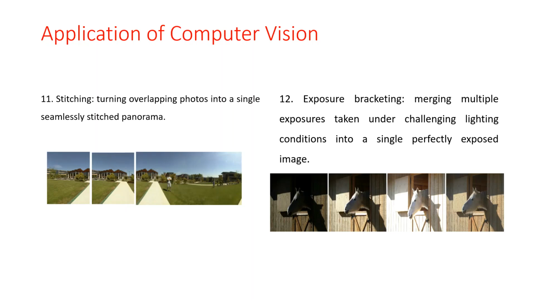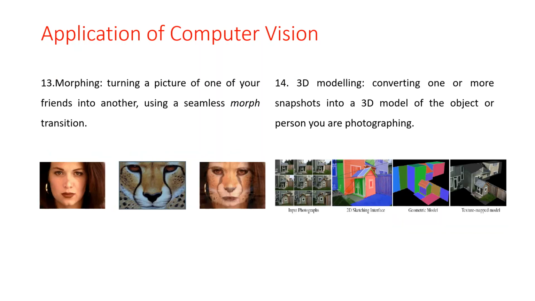So panorama is also an application of computer vision. Next is exposure bracketing: merging multiple exposures taken under challenging lighting conditions into a single perfectly exposed image. The next application is morphing.